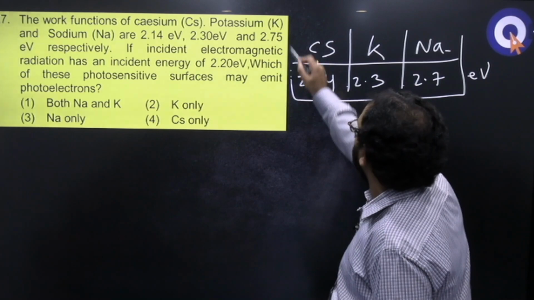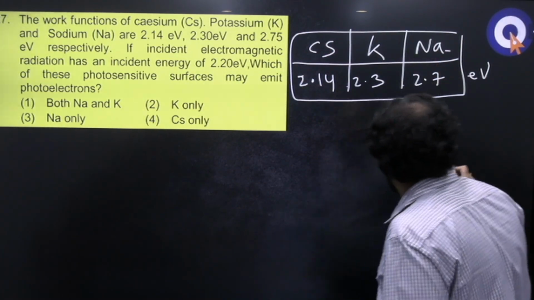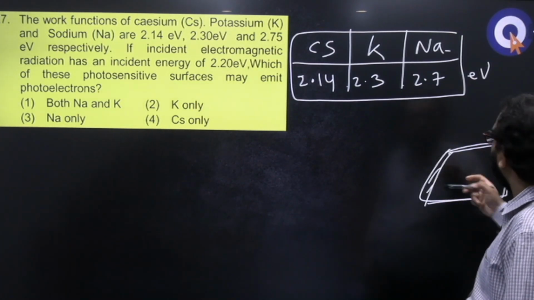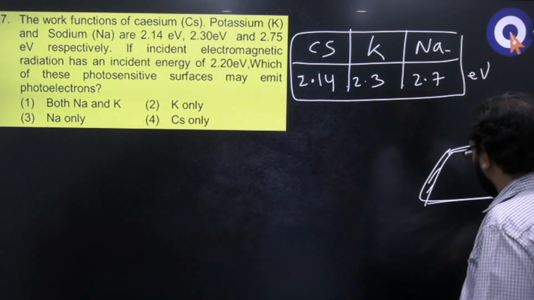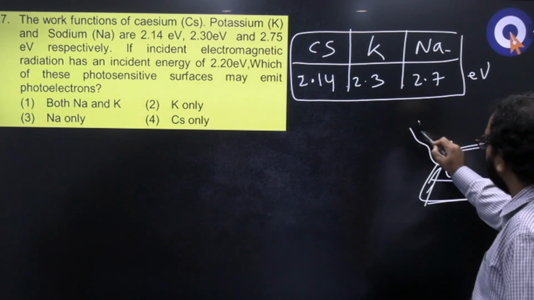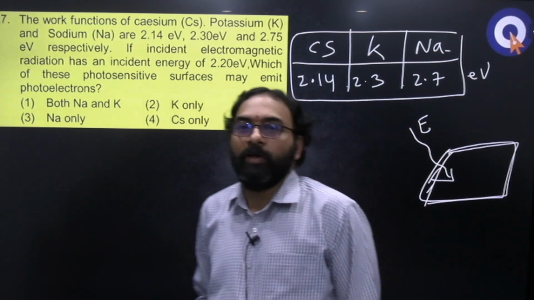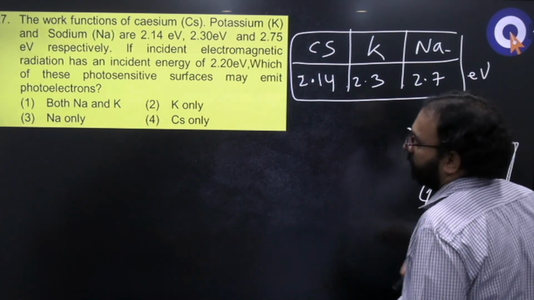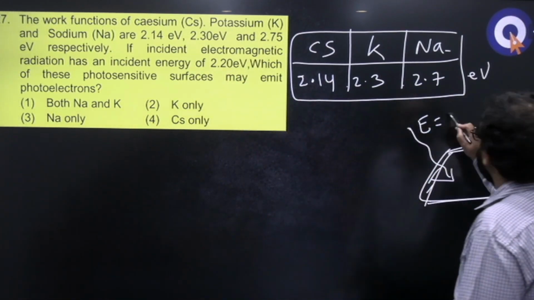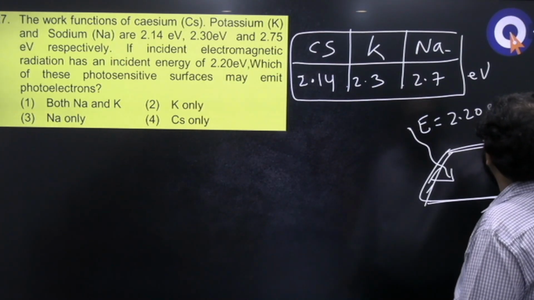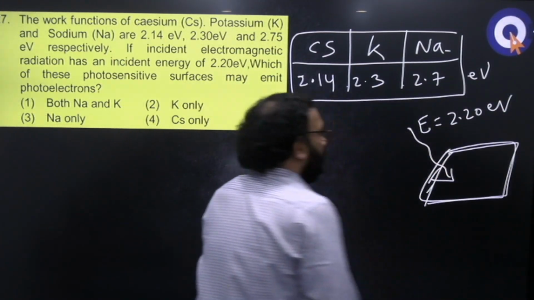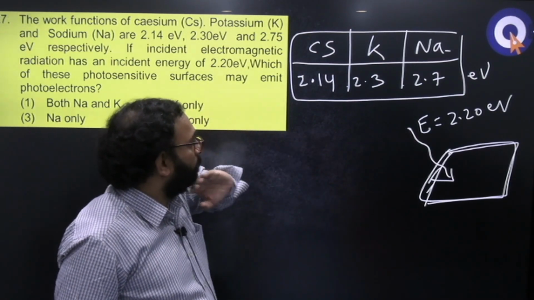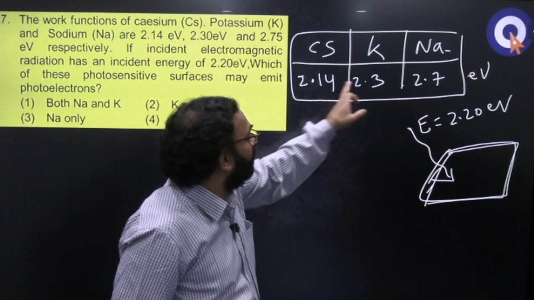On the metal plate, maybe cesium, maybe potassium, maybe sodium, if some radiation falls on this metal plate, this radiation should have some energy. That energy is given as 2.20 eV.